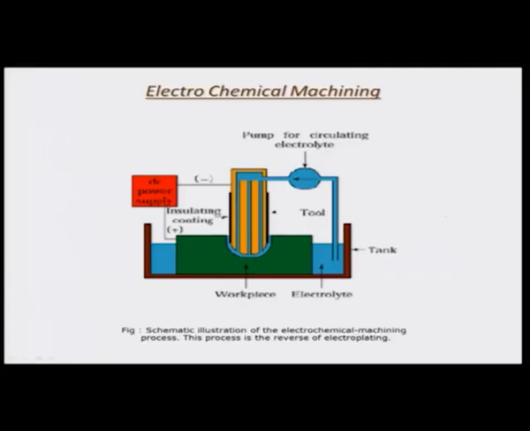So, this gives us a sort of basis to start our next topic, which is about understanding the applications of particularly the micro machining area where ECM can be used heavily.